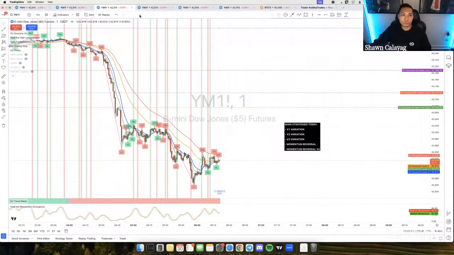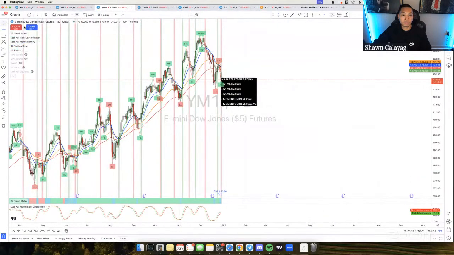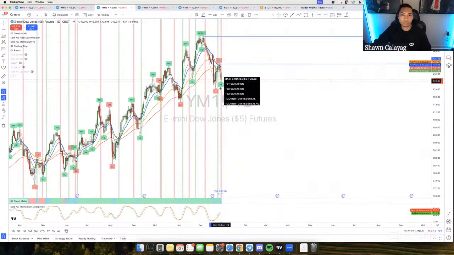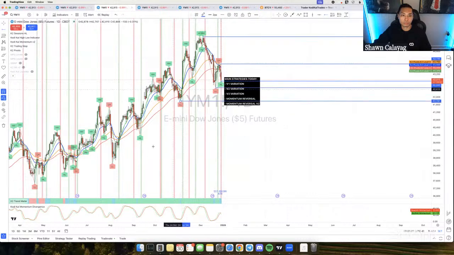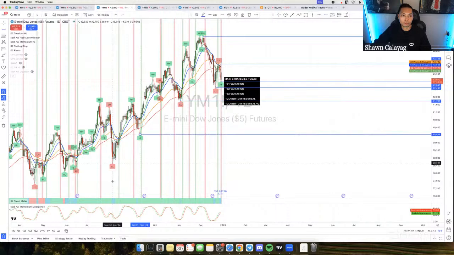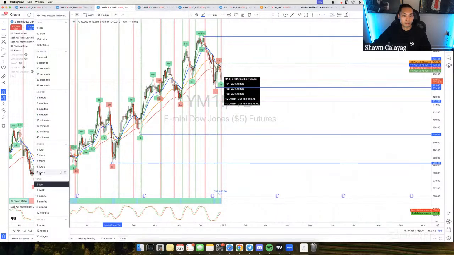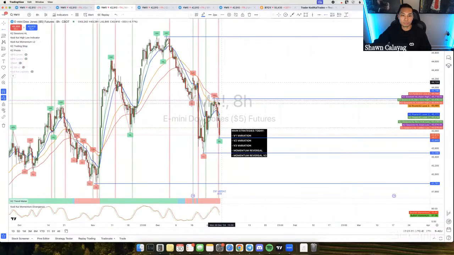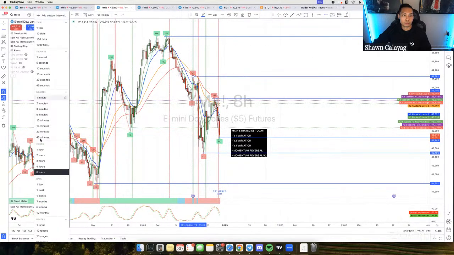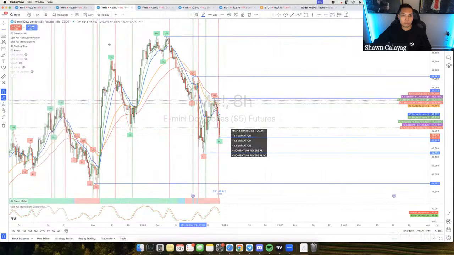So as people join in, I'm going to go ahead and start marking up liquidity over here. Down to the 8-hour time frame. Down to the 4-hour.